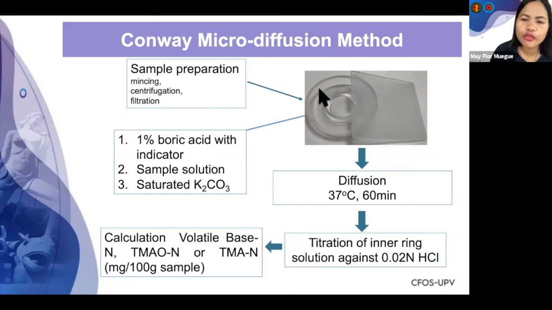All the volatile compounds present in your sample will diffuse into the boric acid dito sa inner ring kasi covered siya dapat para hindi siya maka-escape. Now you titrate. After 60 minutes, you titrate your boric acid, and that's the time you'll be able to determine and calculate the amount of volatile bases na nasa sample.